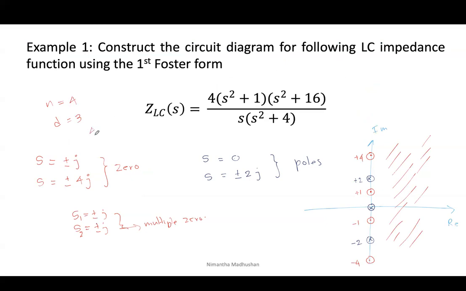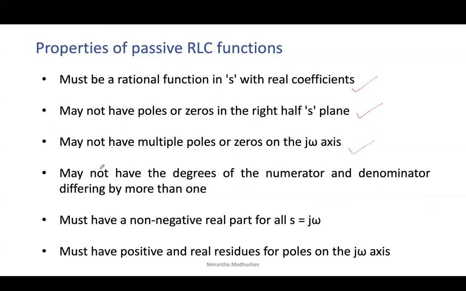The difference is 4 minus 3, which is equal to 1. So the degree condition is satisfied. Then the fifth one is it must have a non-negative real part for all s equals j omega.